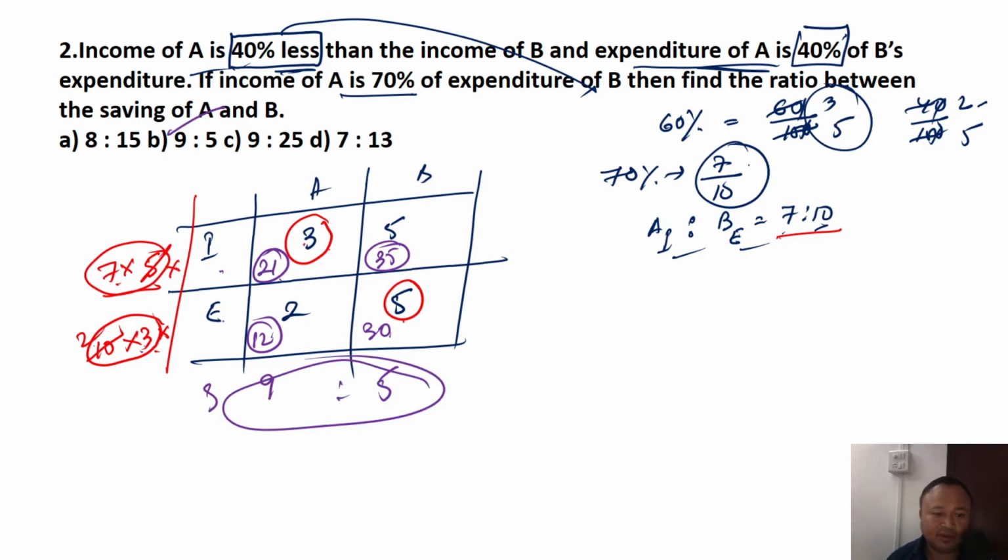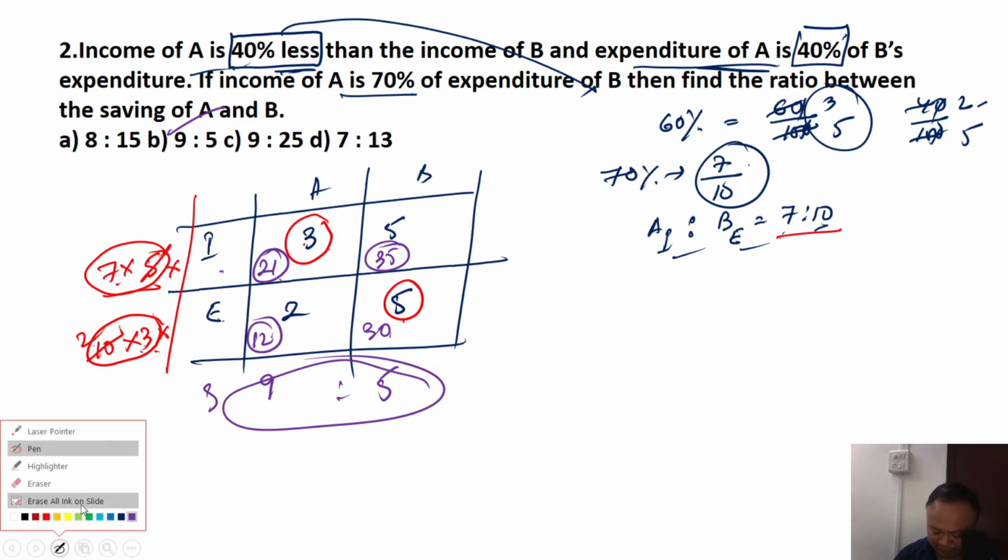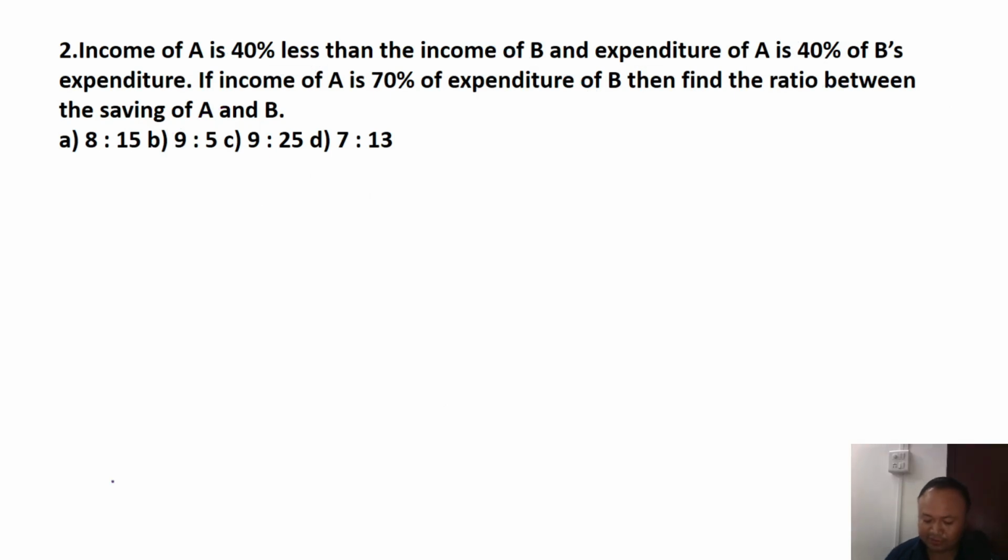The equation is the same. Expenditure of A is 40% less than income of B, have the same 40% less, that is 60 by 100.